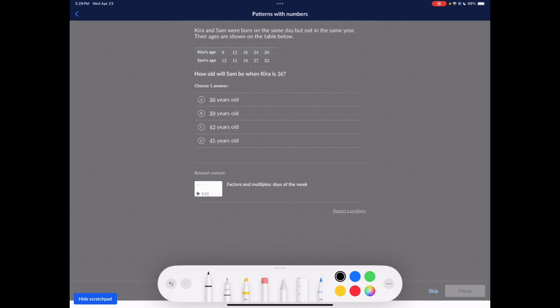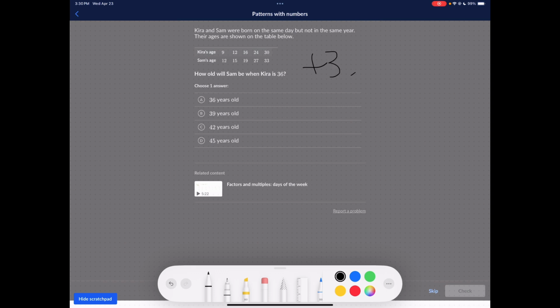So 9 and 12. What do we need to get 12? We need 3. Would 9 plus 3 equal 12? Yeah, it would. So I think we're having a pattern. It's plus 3 for this first number. And now what about the next one? 12 and 16.